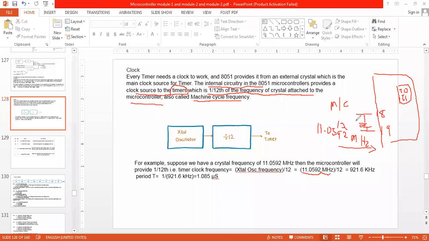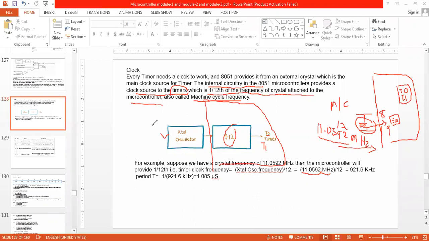The crystal generates 11.0592 megahertz and is given to the microcontroller. Here we have a divider network that divides the frequency by 12. This is inside the microcontroller, and it is given to timer T0 or T1.